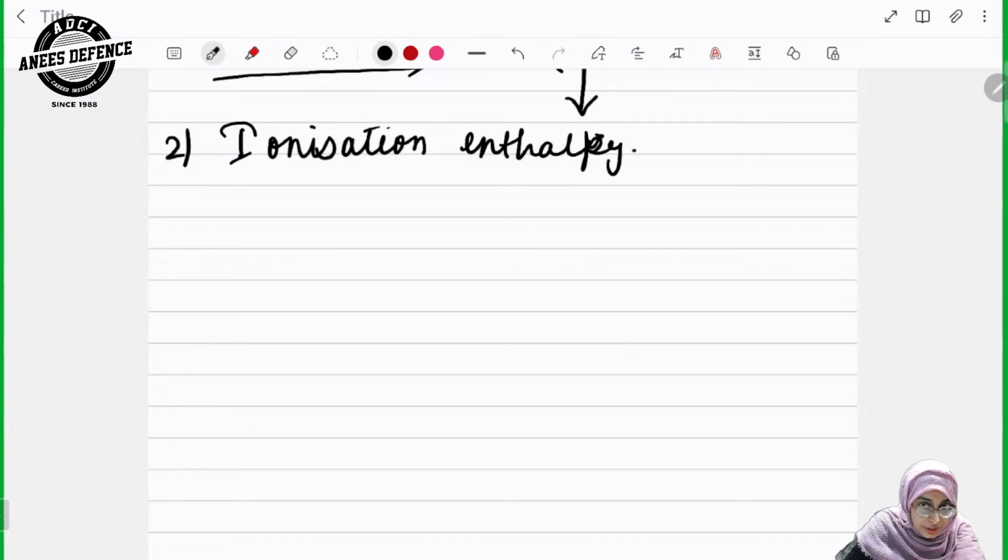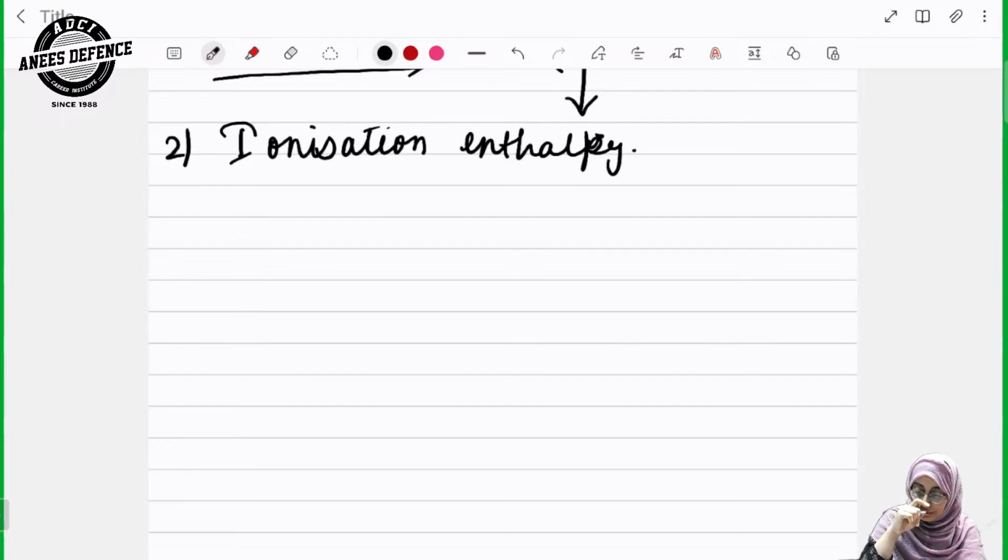It is also known as ionization energy. What is it? It is the energy required to remove the last electron, or the loose electron.